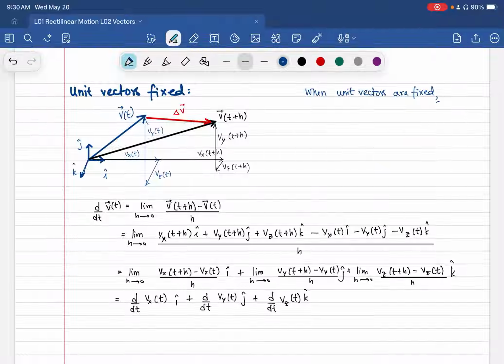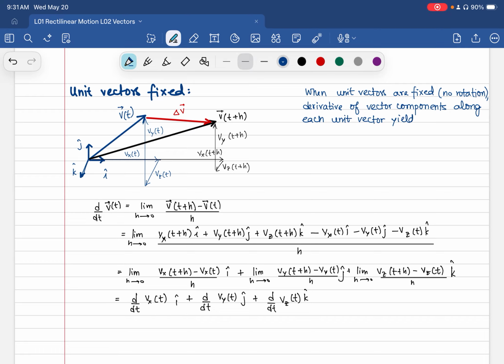So I'll write that in brackets. No rotation. When unit vectors are fixed, then the derivative of vector components along each unit vector yields the vector derivative.